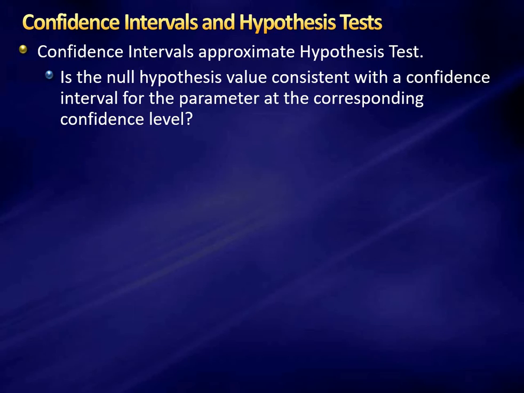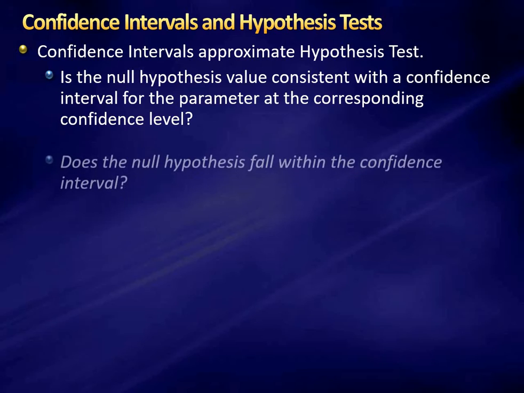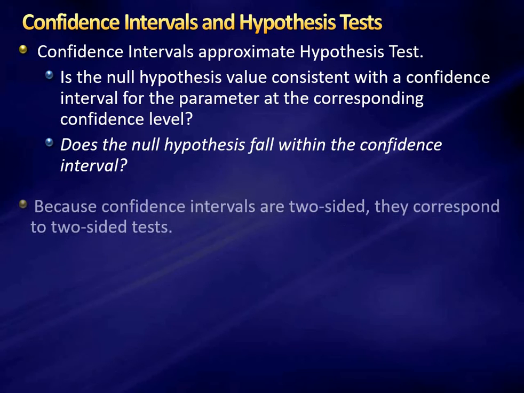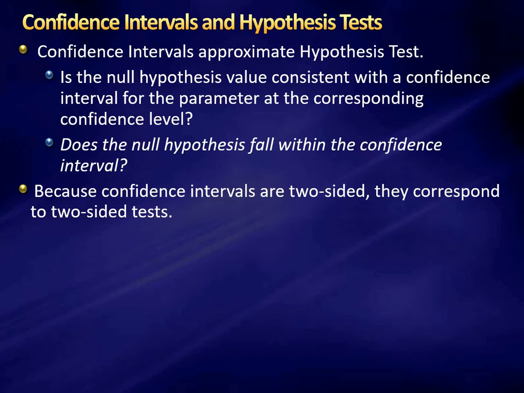And if the null fits into our confidence interval, then we would fail to reject, because that means our confidence interval supports what we originally thought was true, with no change. So you're asking yourself: does the hypothesis fall within our confidence interval? It's a very simple question, and that is the true relationship between a confidence interval and a hypothesis test. If your hypothesis is inside your confidence interval, you would fail to reject. If it's outside, you would reject.